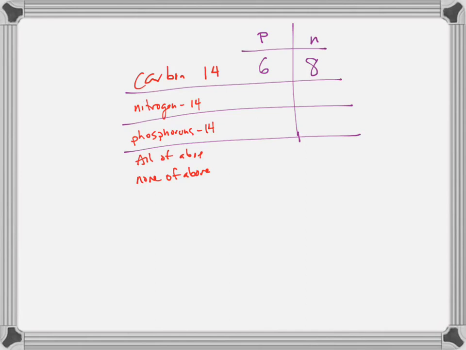Nitrogen 14. It has 7 protons. How many neutrons? 7. Phosphorus 14. How many protons? 15. How many neutrons? -1. Can you have less of a piece of matter? No, that doesn't happen. Okay? For that matter, if I drop to 14, we just ignore this negative aspect in there.